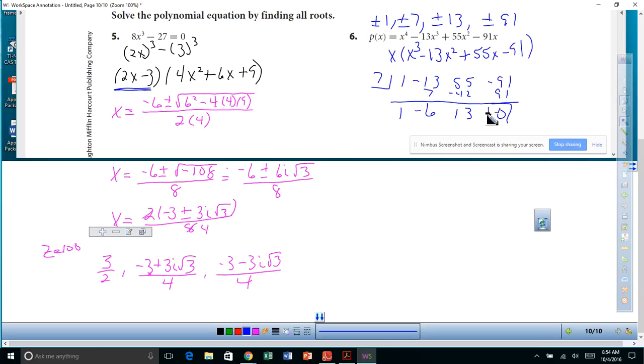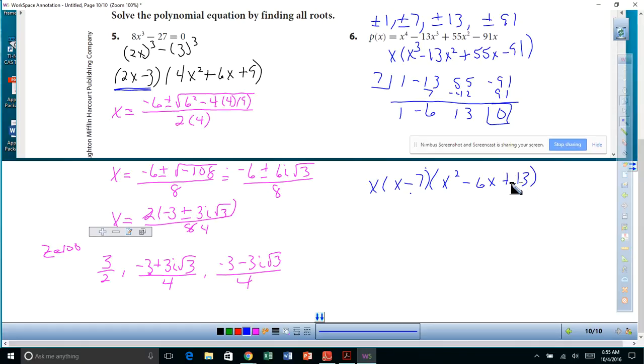So there we go. So we've got a 7 in there. So far we've got x times x minus 7. And then what is left? Well, we got x squared minus 6x plus 13.